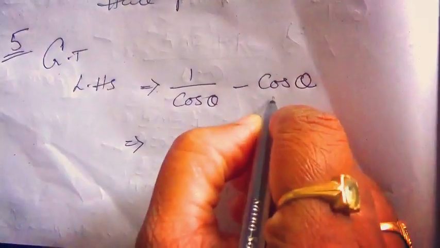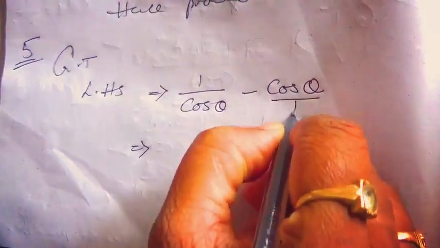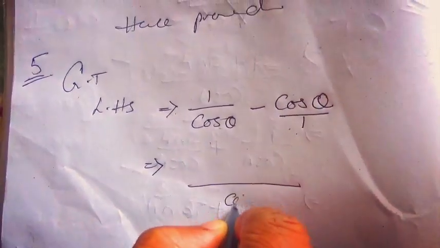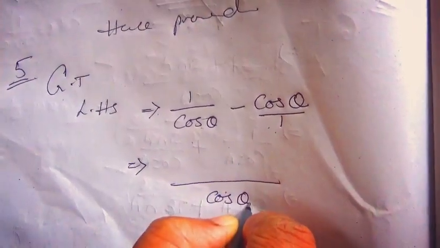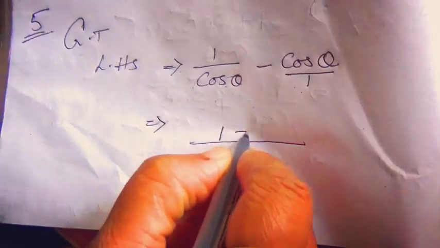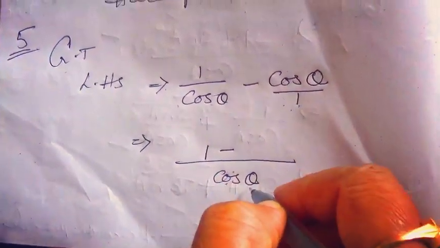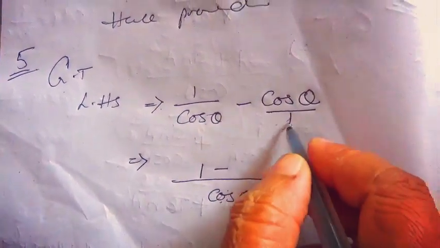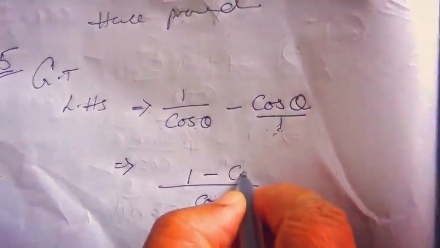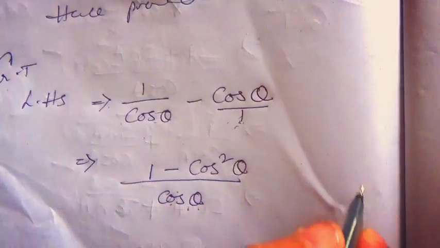We just take the LCM of these two. Cos theta is there here, hence I am writing 1 minus, 1 into cos theta. Cos theta is not there in the denominator, so cos theta into cos theta, cos square theta.